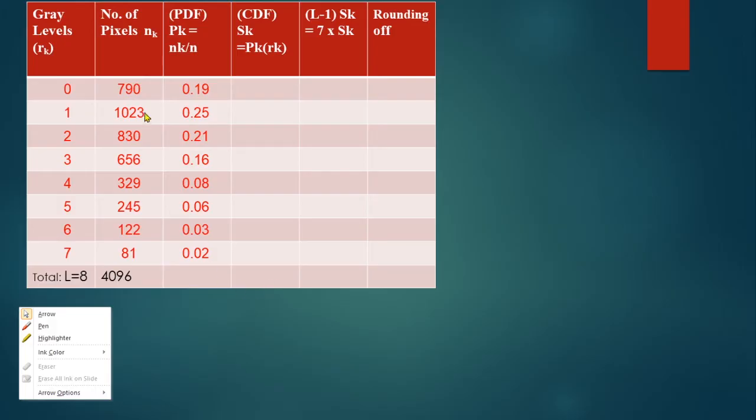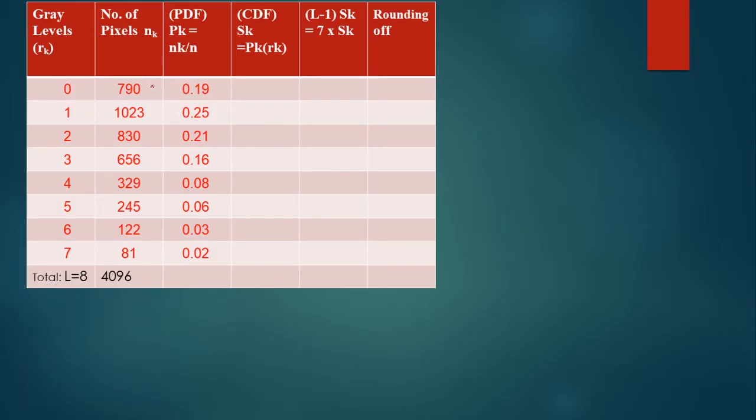Here 790 by 4096 equals 0.19. Similarly, 1023 by 4096 equals 0.25. 830 by 4096 equals 0.21. Similarly, we find all these probability density functions.